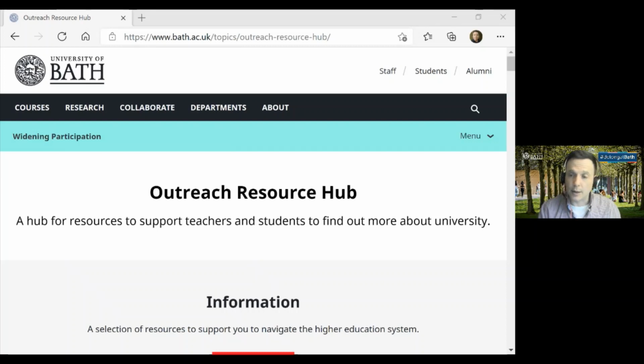Also by getting in contact. Another thing you shouldn't be afraid to do is look on the website pages. When you've got a criminology course, there'll be an email to the department or the admissions team, and just write to them and say, what are the key things that you are looking for? What elements help people stand out?